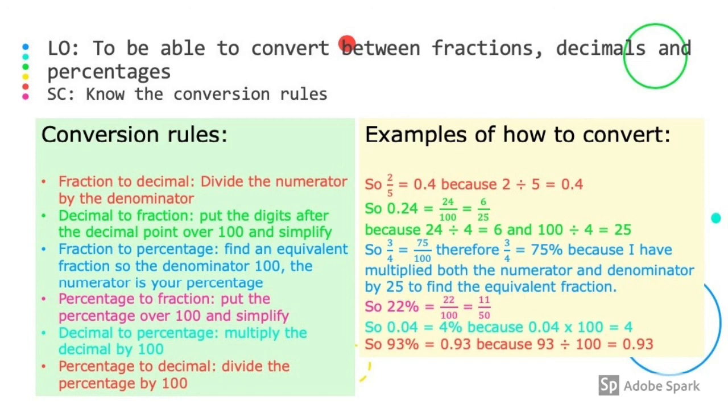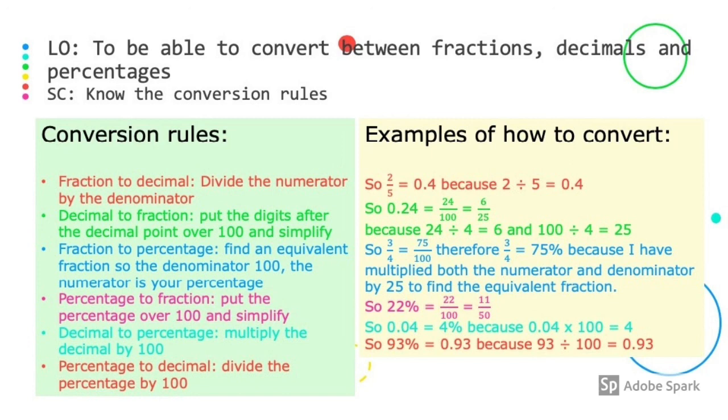When we're wanting to find a percentage to a fraction, all we need to do is put the percentage over 100 and simplify. So 22% equals 22 over 100, and I can simplify this, and it is equivalent to 11/50. When I'm wanting to convert a decimal to a percentage, all I need to do is multiply the decimal by 100.